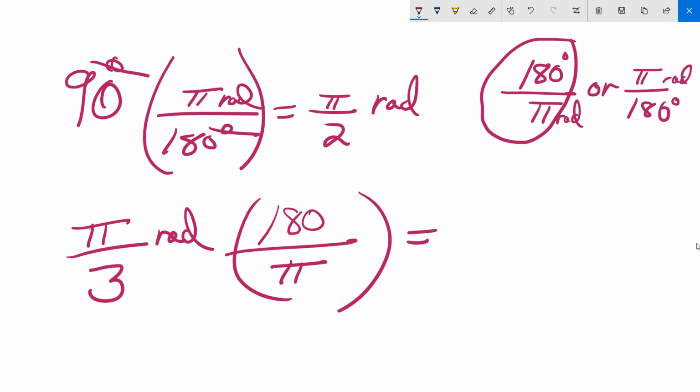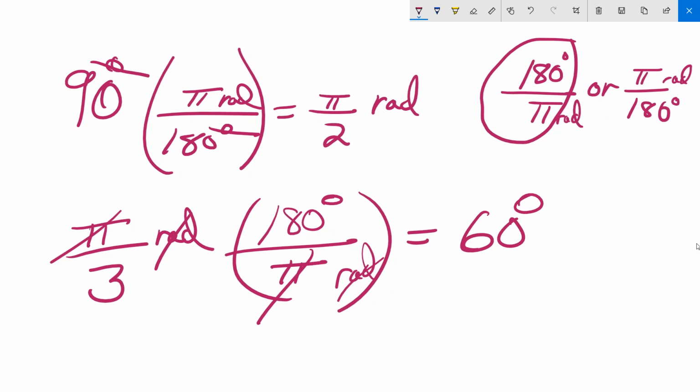The pi's cancel, the radians cancel, you're left with the degrees. What is the answer? 60 degrees. Not 60 radians, 60 degrees.